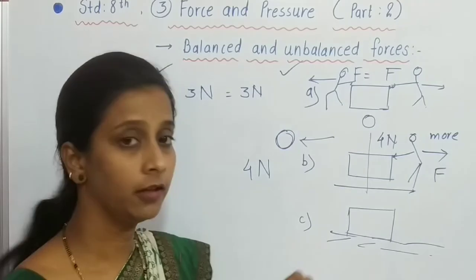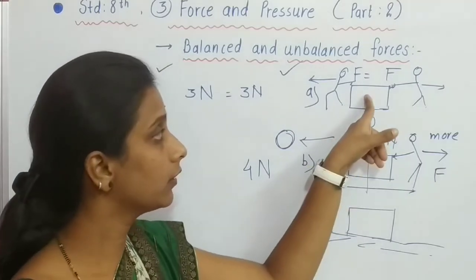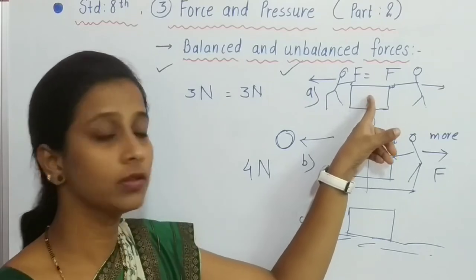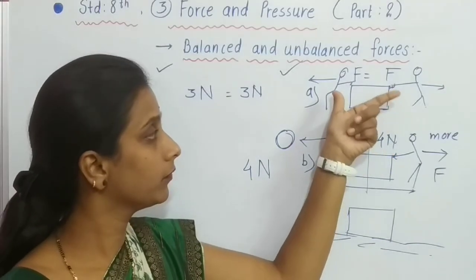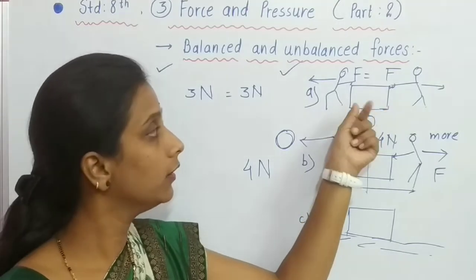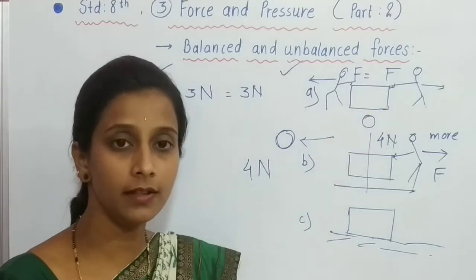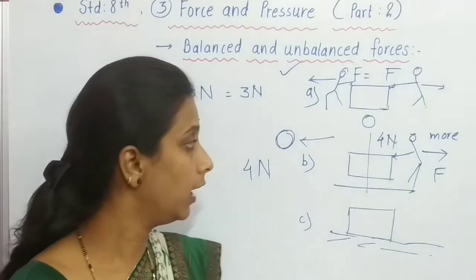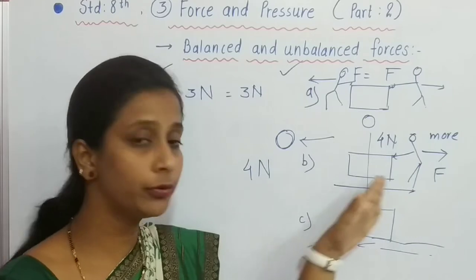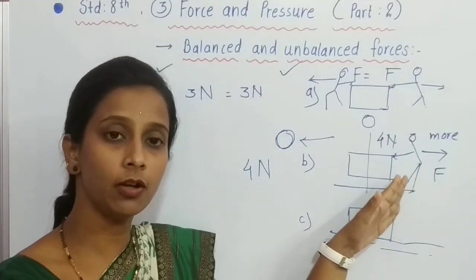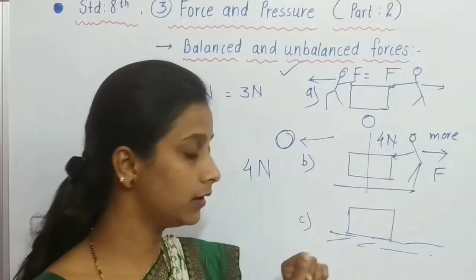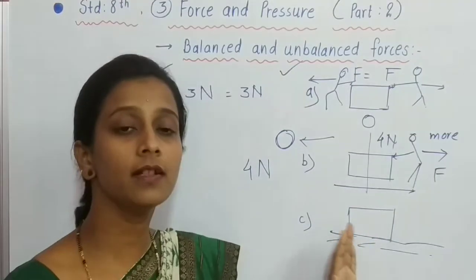Now students, we have seen that in a balanced force, both persons are applying force on the object, so the object remains stationary. And here unbalanced force is present, and due to unbalanced force the object will be in motion. So students, why is this object steady?